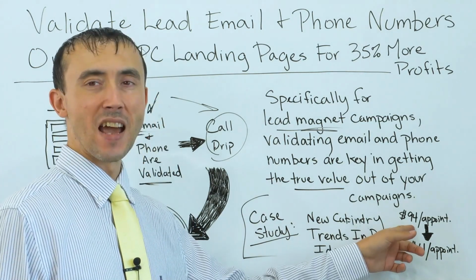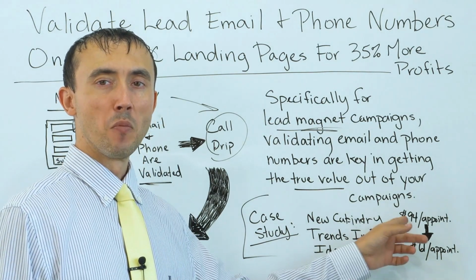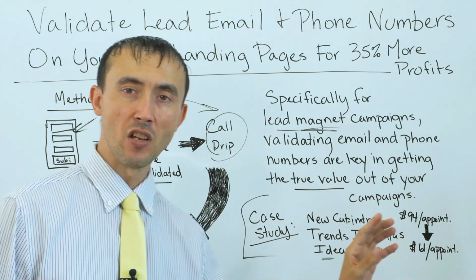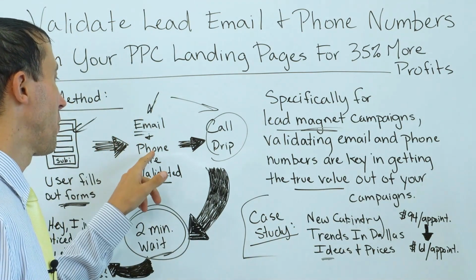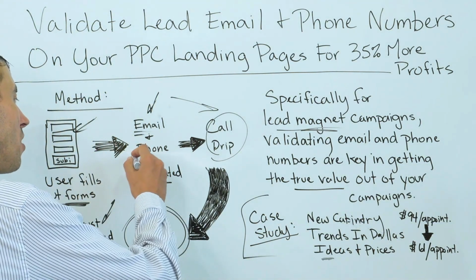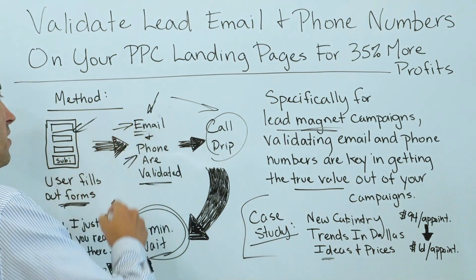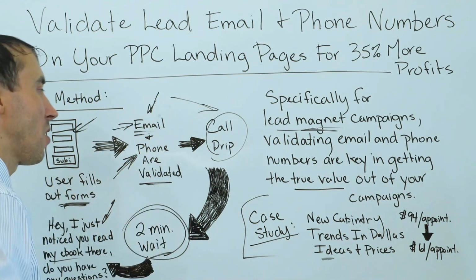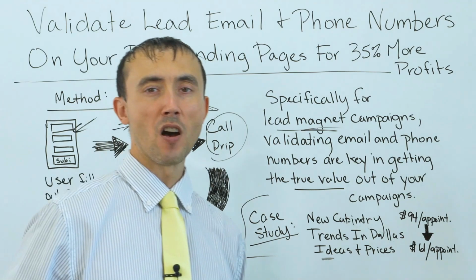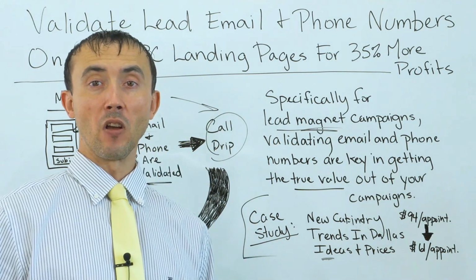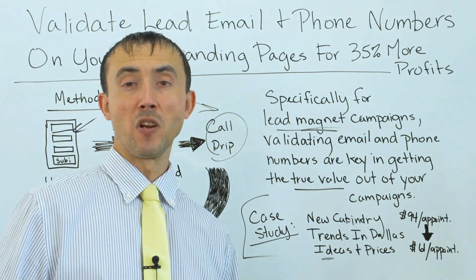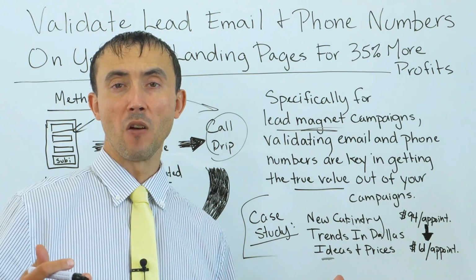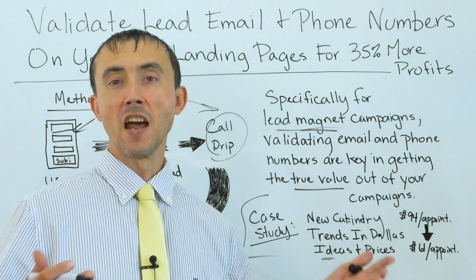We were getting about a $94 cost per appointment before adding any validation to our form, at least at the phone call level. We were already doing validation on the email level before, but then when we switched to phone call validation, what do you think we dropped the cost per appointment down to? Now that we were getting all real phone numbers, which these validation services will know if it's a real number 99% of the time.